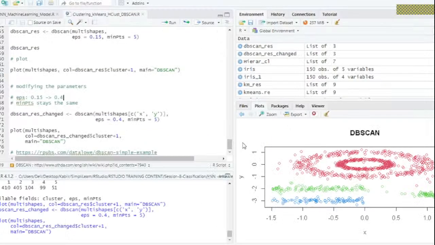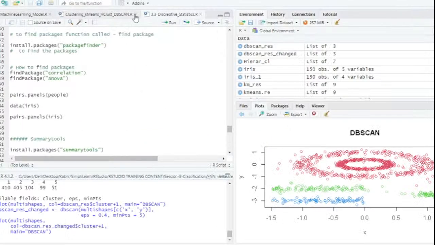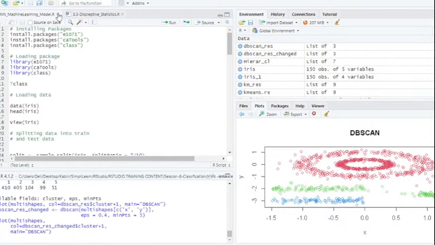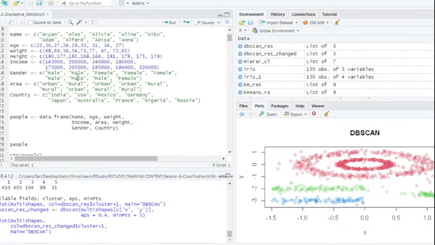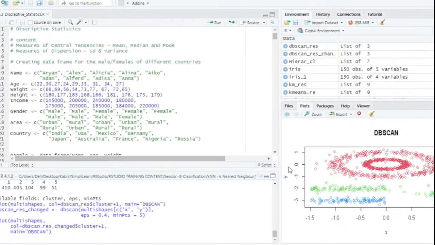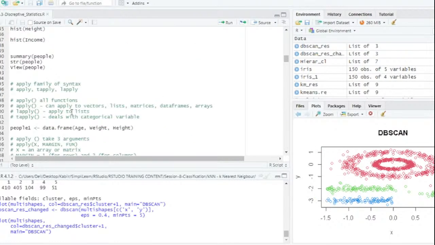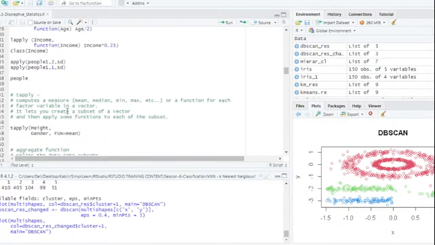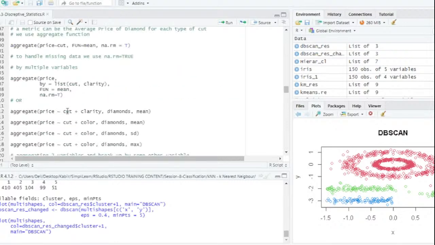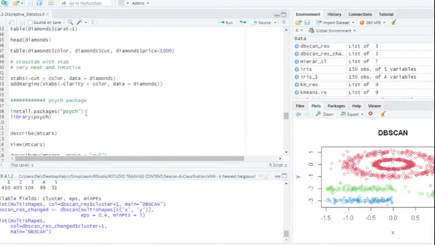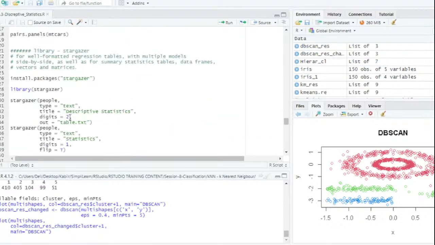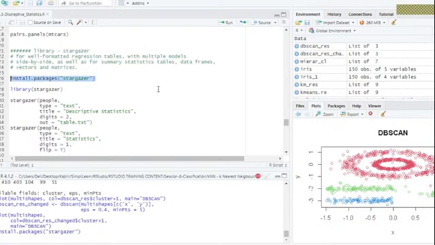The psych package we have seen. Stargazer package requires coding.